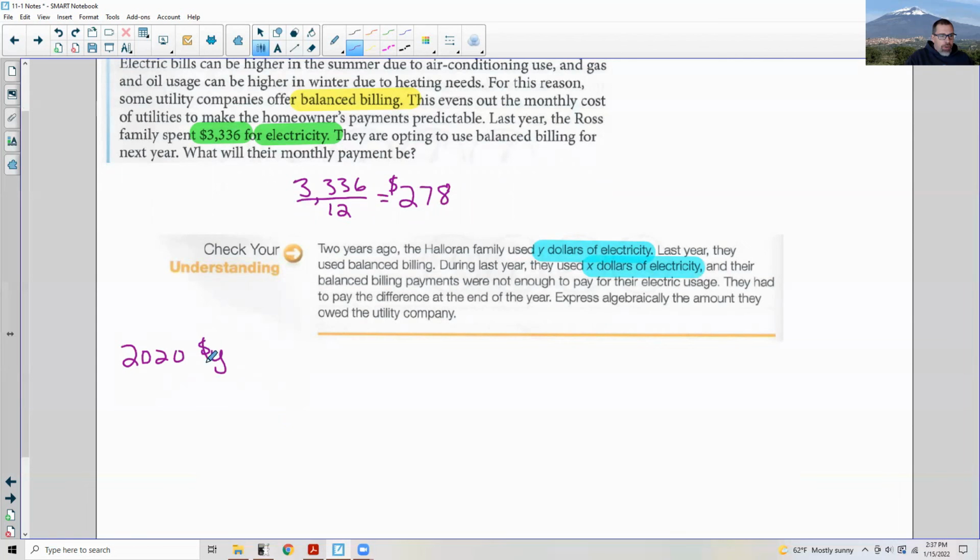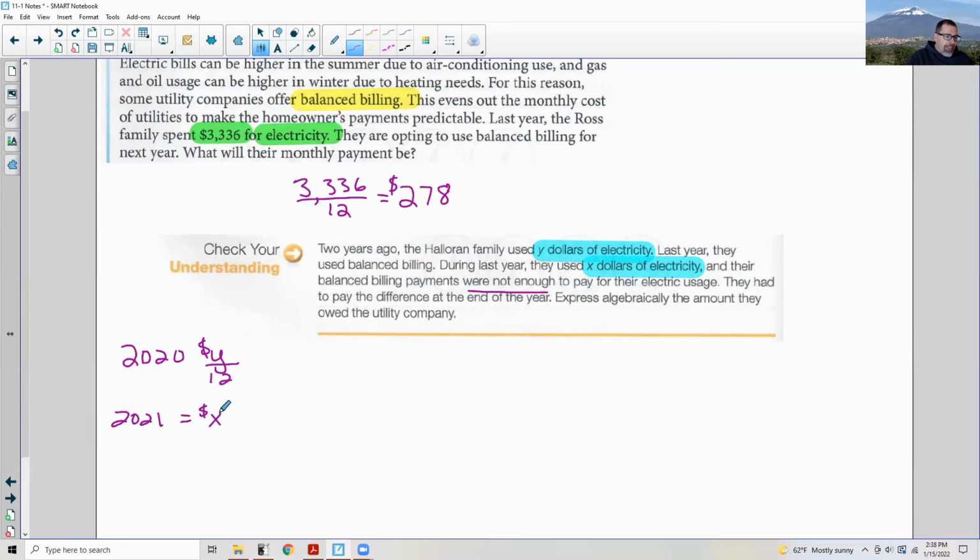So then they said, okay, well, if we use Y dollars of electricity and we divide that by 12, that's how much we're going to pay every month in 2021. But they used X dollars of electricity in 2021 and their balanced billing payments were not enough. They had to pay the difference at the end of the year. Express algebraically the amount they owed to the utility company.